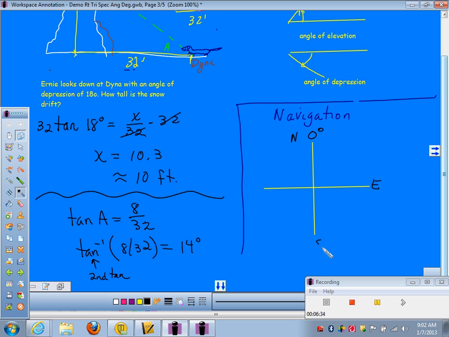Hopefully we go around the circle in the opposite direction. So 90 degrees is over here at the east. 180 degrees is south. 270 is going west.